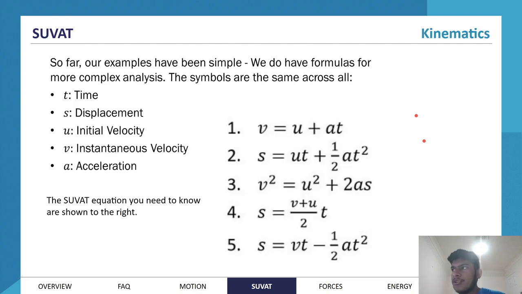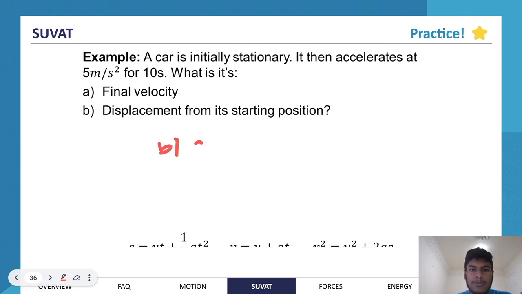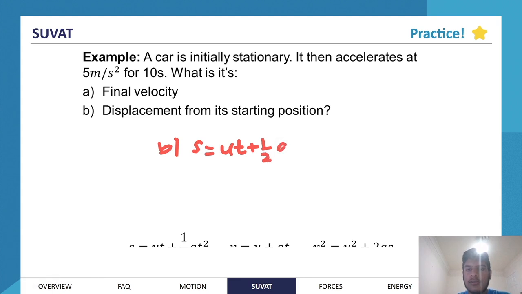So displacement equals ut, where u is 0, plus half at squared. So for part B, displacement equals ut plus half at squared. u was the initial velocity, so that's 0, plus 1/2 times a, the acceleration, so 5, times t squared, so 10 squared.